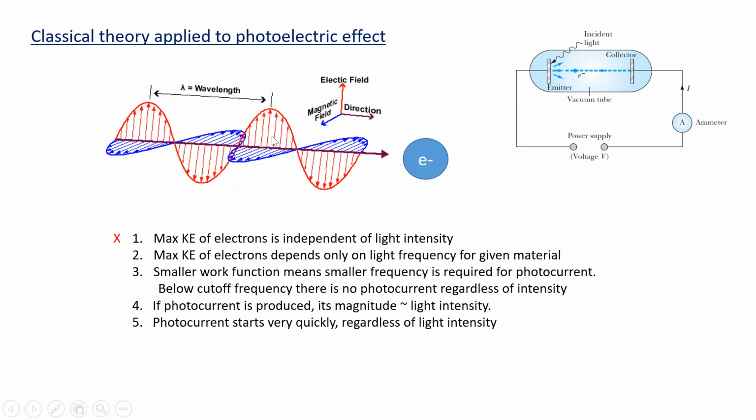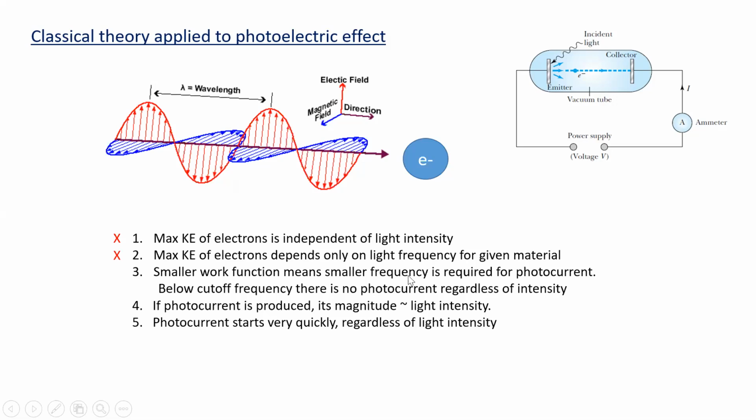You still get the same net energy input to the electron. So the fact that the maximum kinetic energy depends on the light frequency in experiment, and classically it's predicted that it wouldn't depend on the wavelength and therefore not on the frequency, is another check mark against applying classical theory to the photoelectric effect.